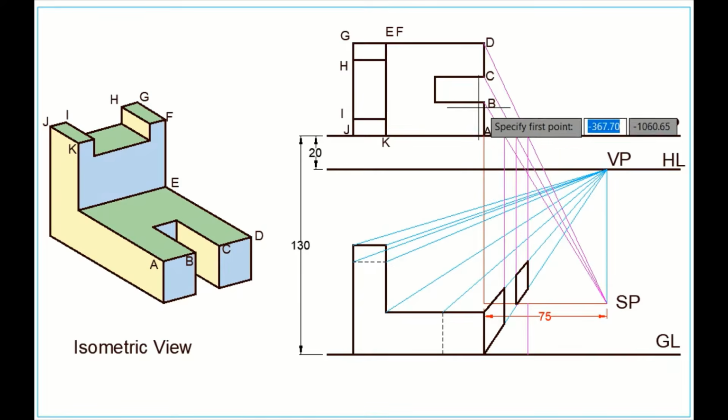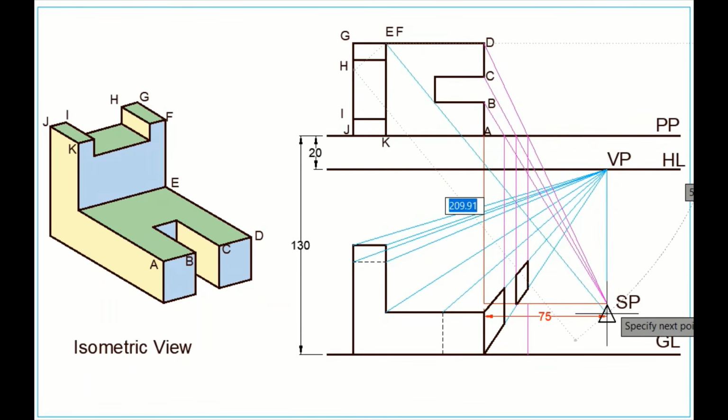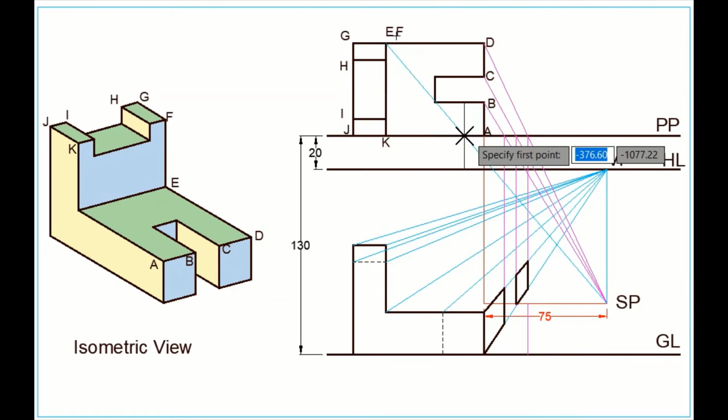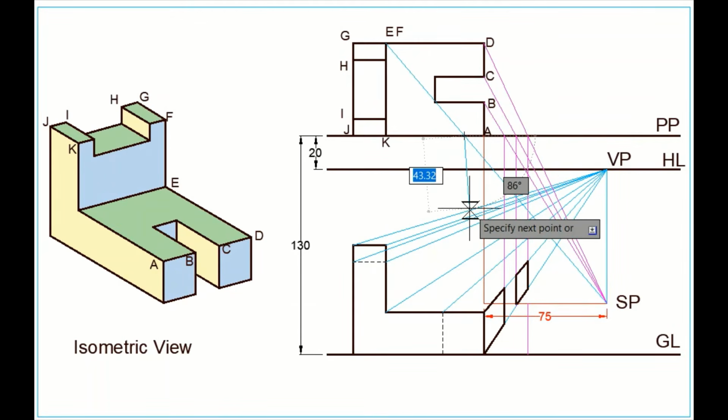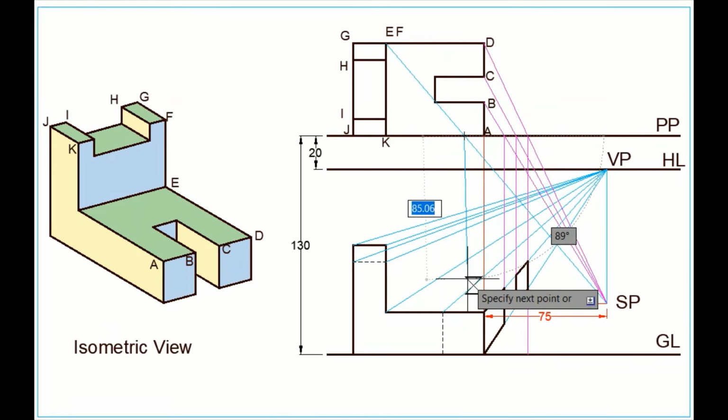So for point E, you just need to connect this E and F with the station point here, and then from this line you come vertically down. Point E and F should lie somewhere here, because E and F, they are supposed to lie on this line and this line.